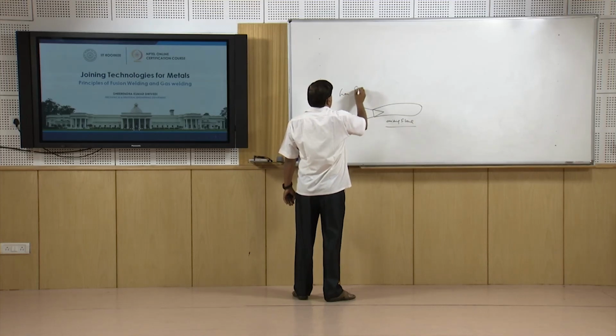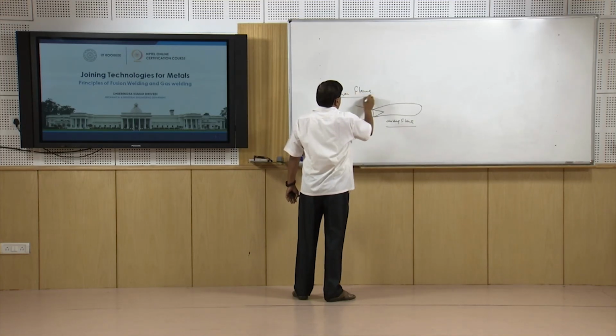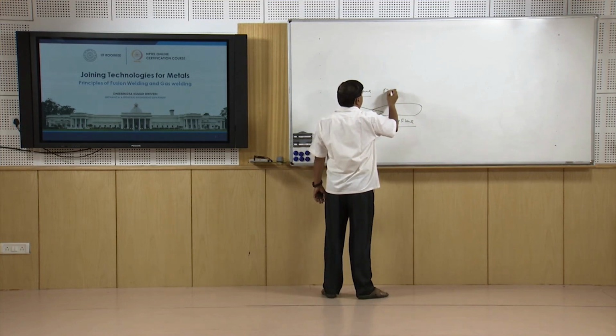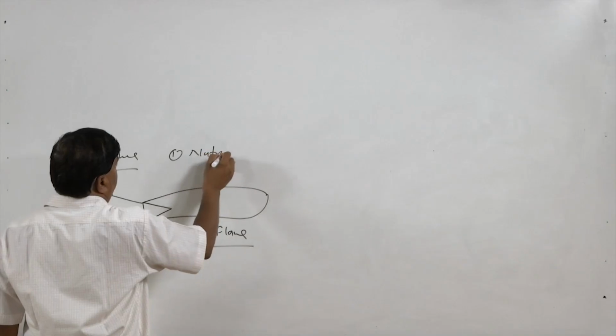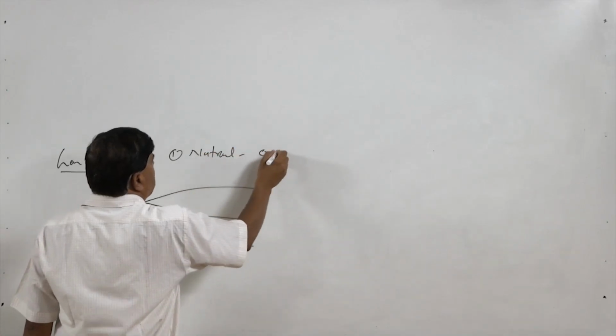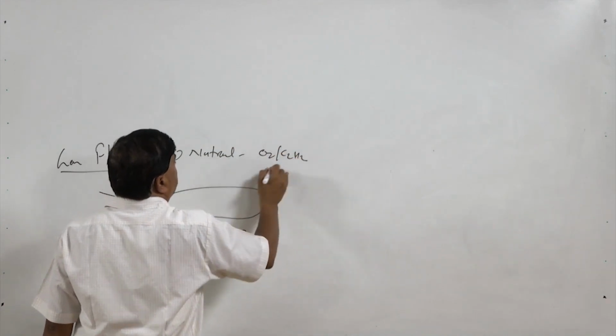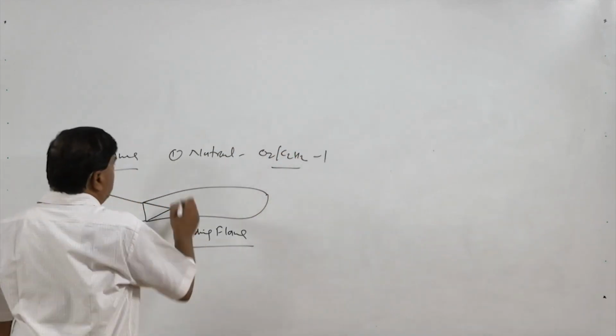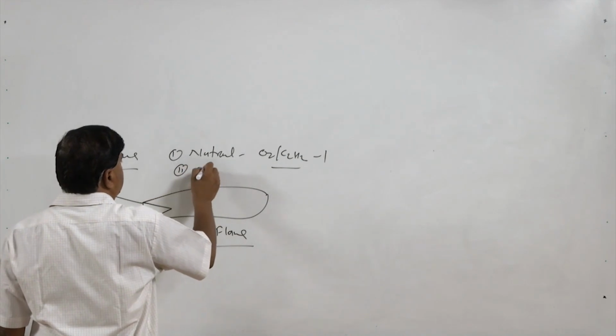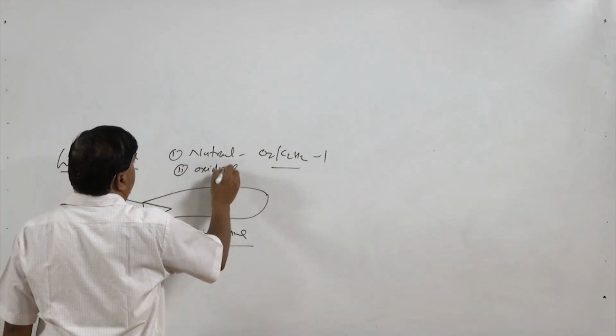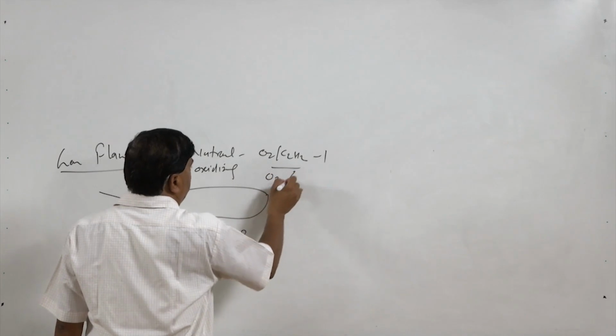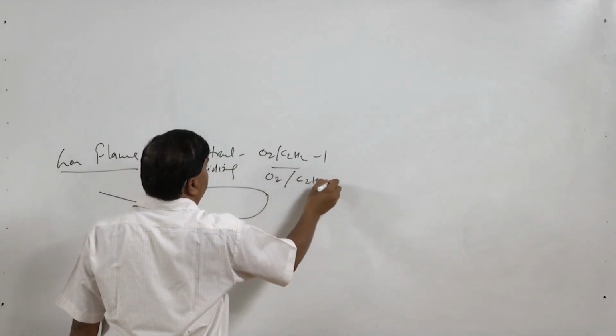There are three types of flame which are commonly observed. First is neutral, when the oxygen and acetylene ratio is 1, and the second is oxidizing flame, when the oxygen is more than actually required for complete combustion.